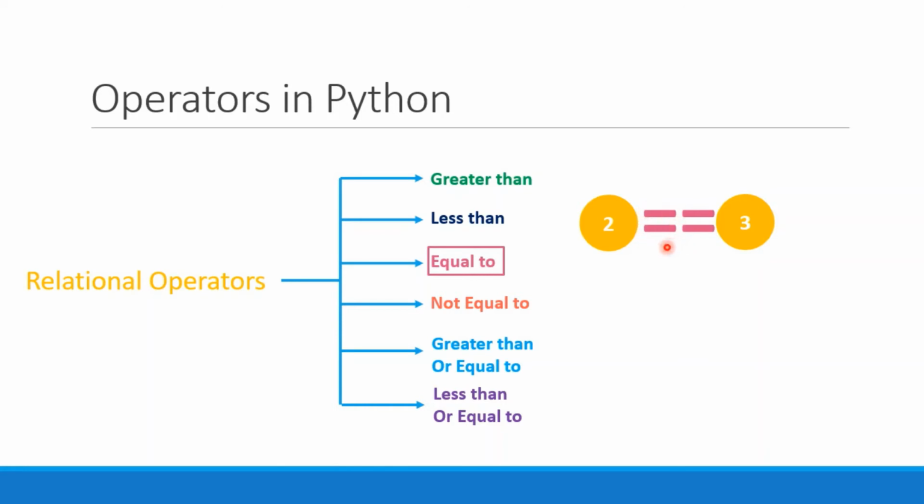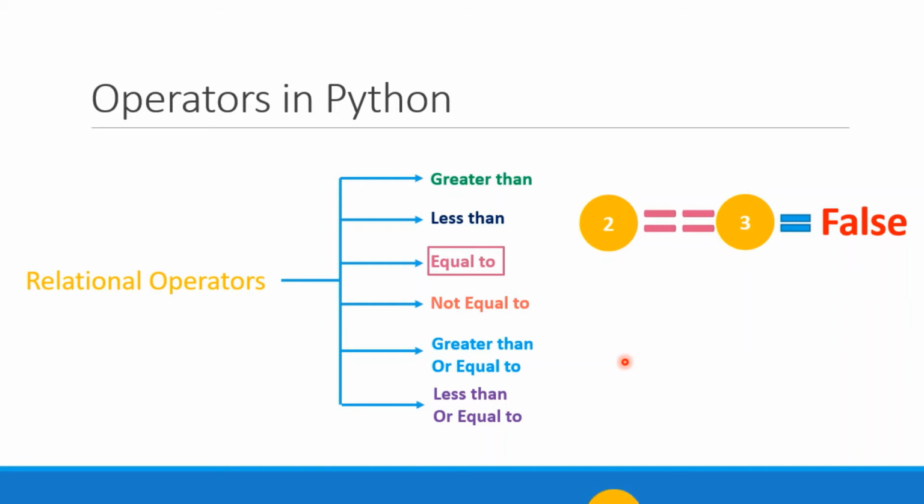Because a single equal to is considered an assignment operator, as I discussed in my video about variables. So to differentiate the assignment operator from equal to, we use double equal to to check if the first number is equal to the second number or not. The answer here is obviously false, because 2 can never be equal to 3.